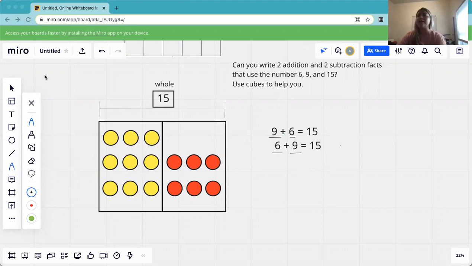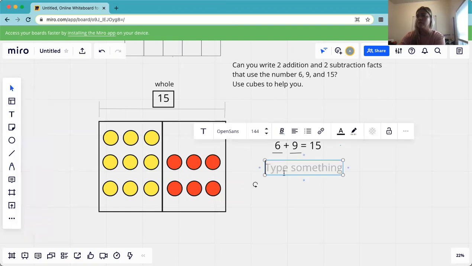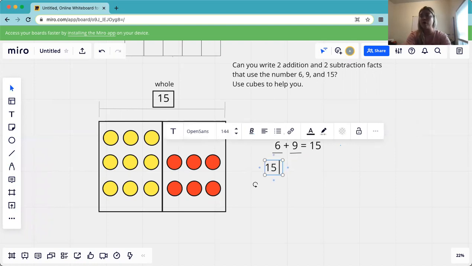We can also write two subtraction problems. One of those problems can be 15, remember our whole, minus our 6.